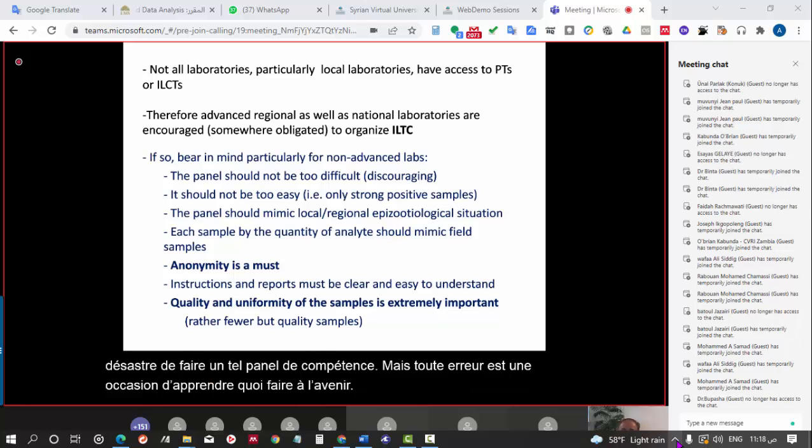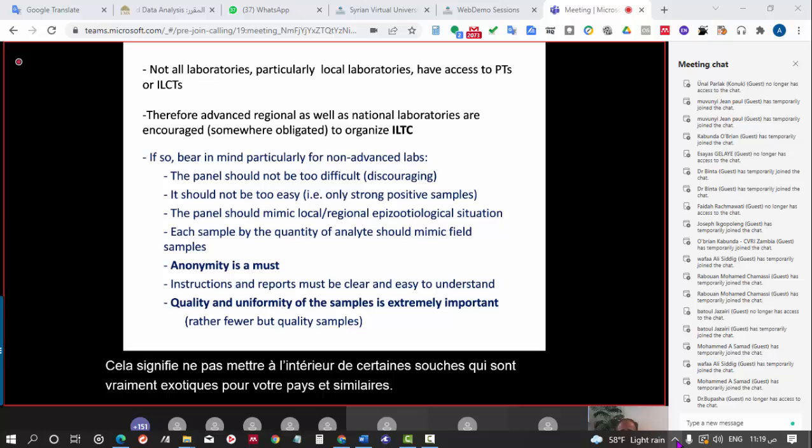Okay, the samples also should not be too easy. Do not put only strong positive samples. Also take care that the panel should mimic the local and regional epidemiological situation. It means don't put inside strains that are really exotic to your country and similar.